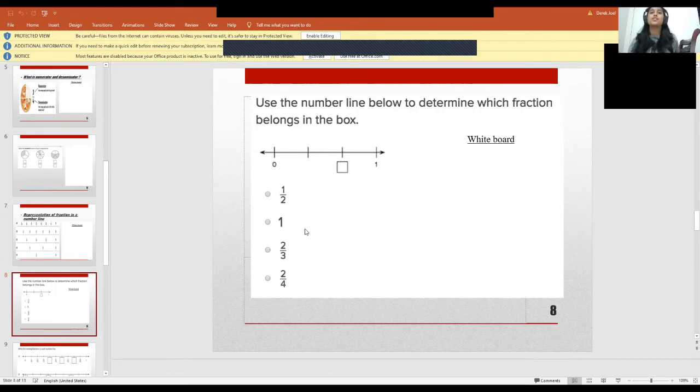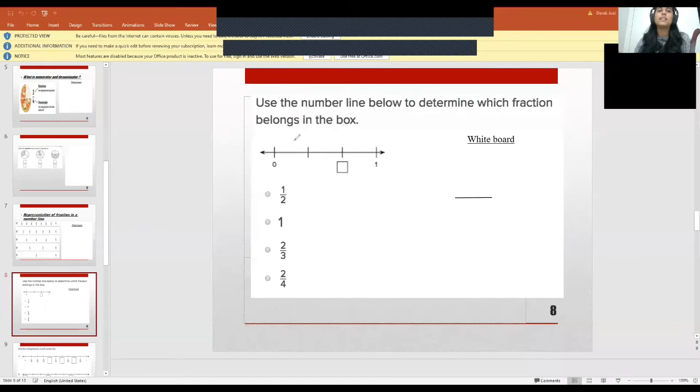Okay, so this is a very simple question. Let's see. So here first we draw a line. Now how many divisions are there? So there's 1, there's 2, and then you have 3. So total is 3. Now they're asking for this particular area.